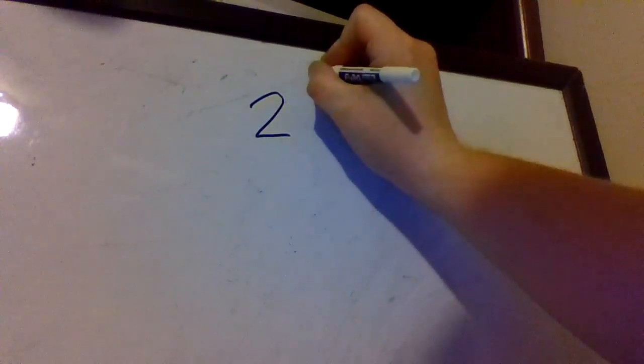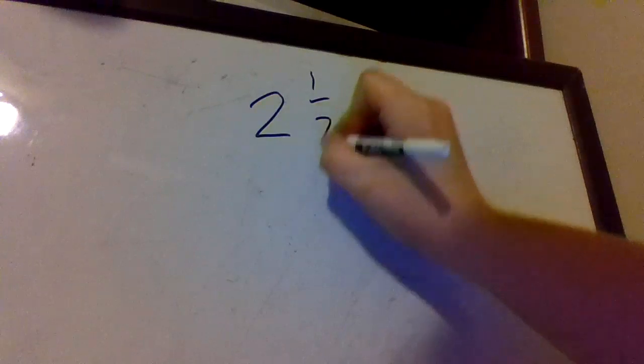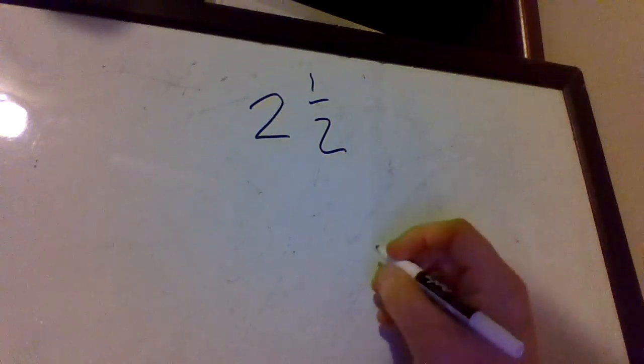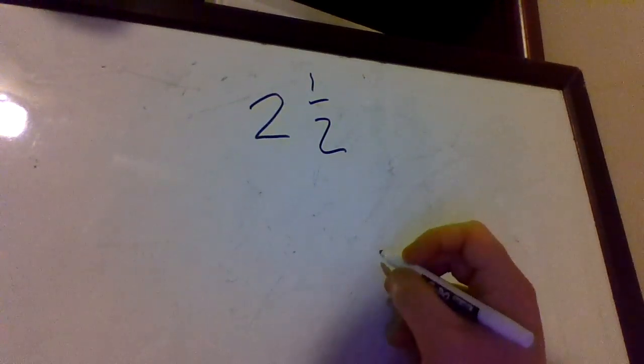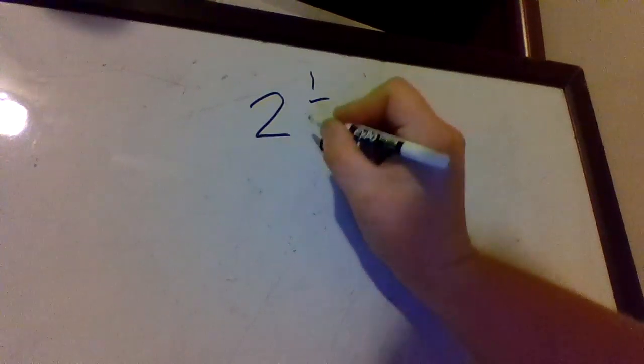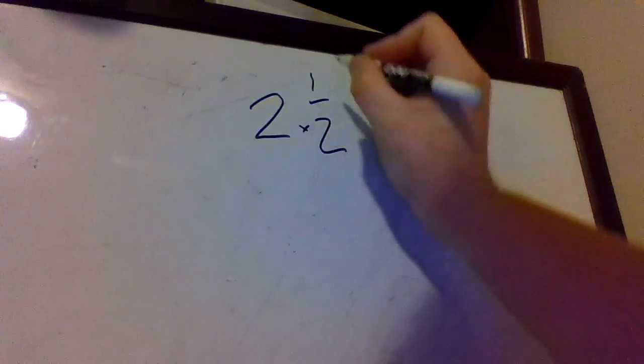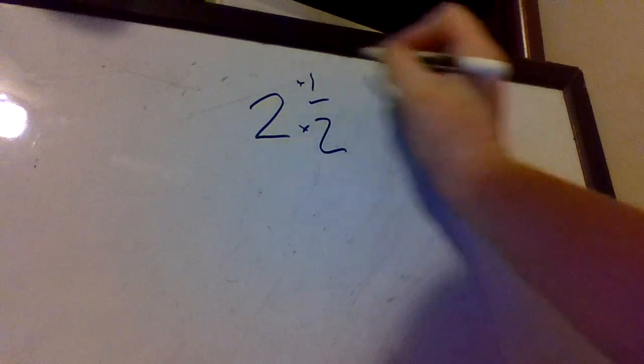But first, we're going to learn how to convert mixed numbers into improper fractions. This is going to end up being very, very important. So, first thing, we're going to start with a pretty basic mixed number. 2 and 1/2. Now, when you turn a mixed number into an improper fraction, what you do is you multiply the bottom and add the top.